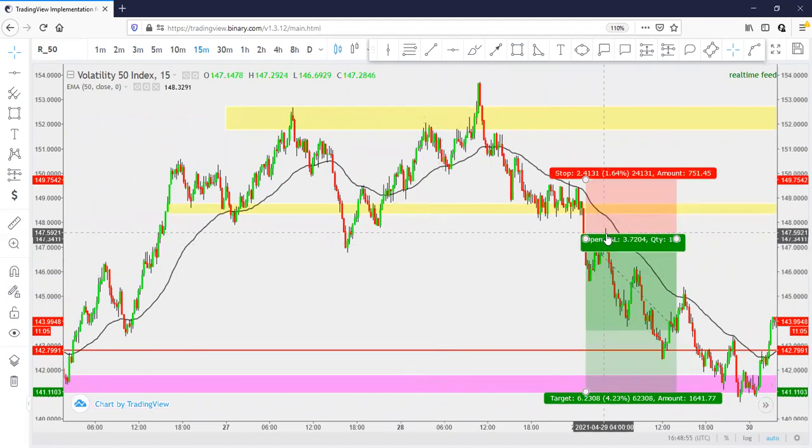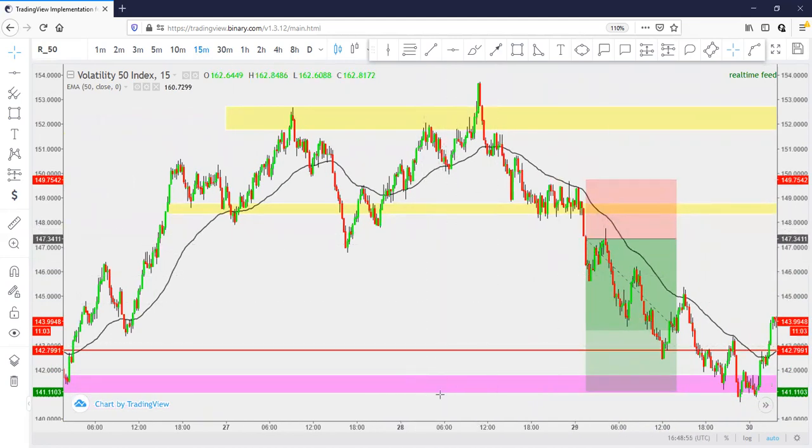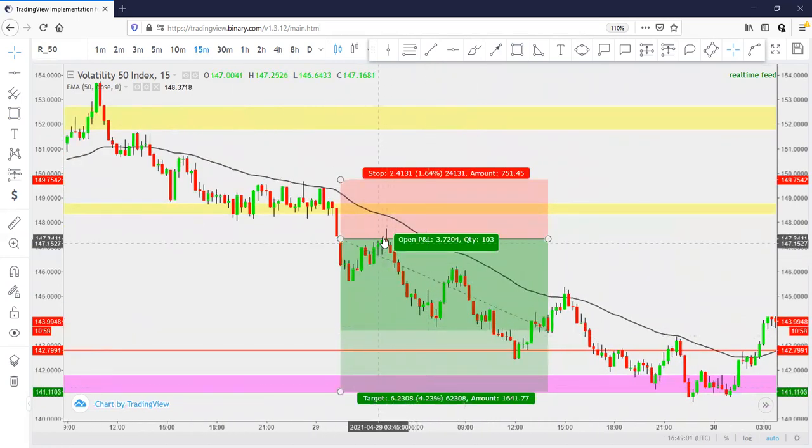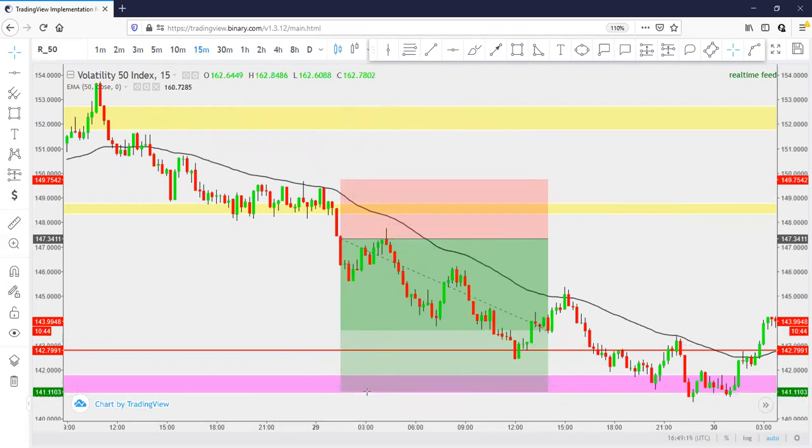This is another entry here, entry number 2, though it is still at the same point. You can see this candlestick here. This should be another entry after this candle open here. Stop loss at the same place, take profit at the same place. It is just very simple.